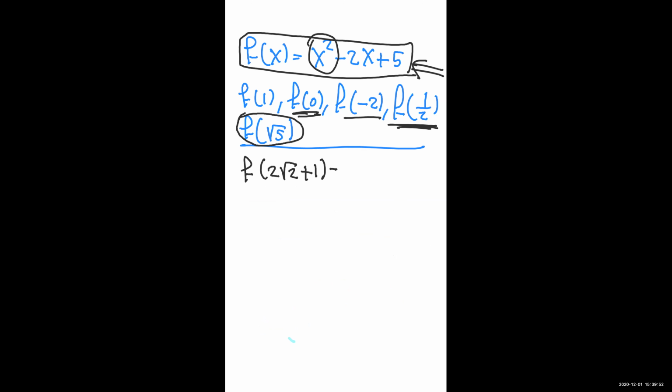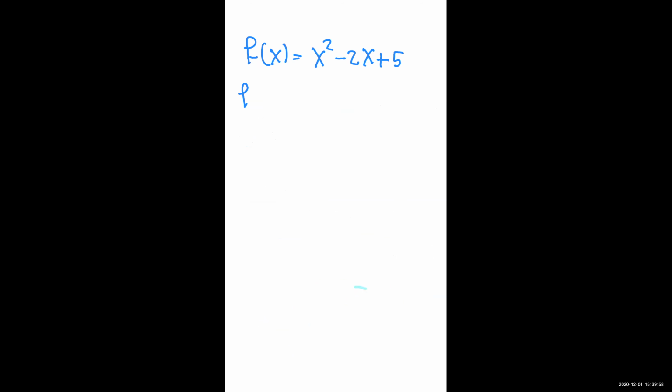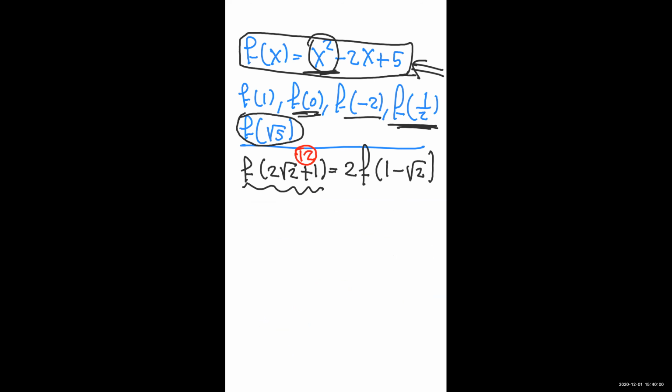This one is clear now? Yes, clear. Okay, great. Then get this one: 2f of 1 minus the square root of 2. Okay. First, I will get only f of 1 minus square root of 2.